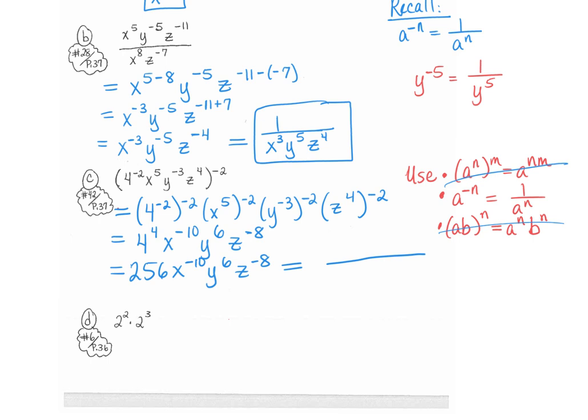Does it have a negative exponent? No. So does it go to the denominator? No. It stays in the numerator. Yes. 256 stays in the numerator. X to the negative 10th moves where? Becomes x to the what? 10th. Yes. Keep going.